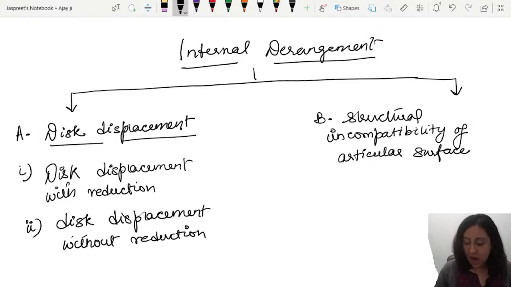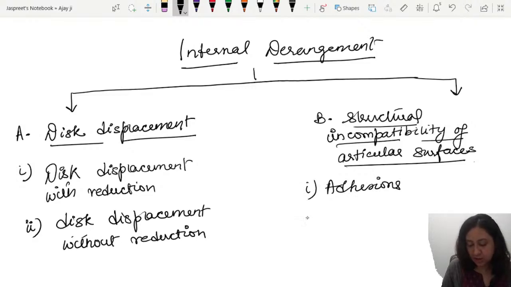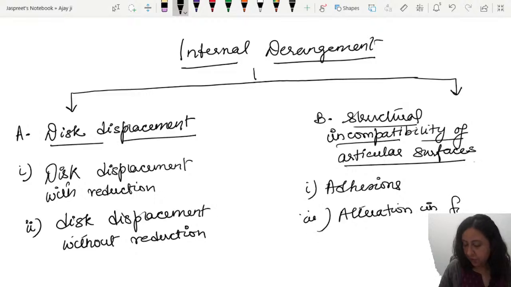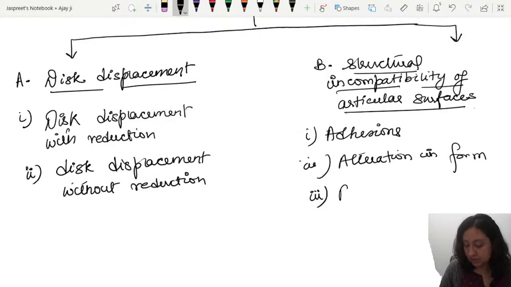Under structural incompatibility of articular surfaces, we have adhesions, alteration in form, which is nothing but structural or osseous changes, and the third one is rheumatoid arthritis.